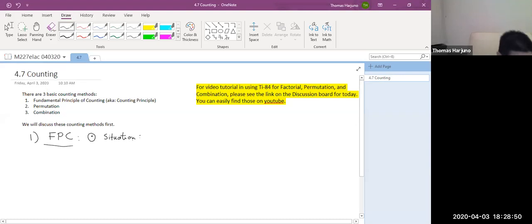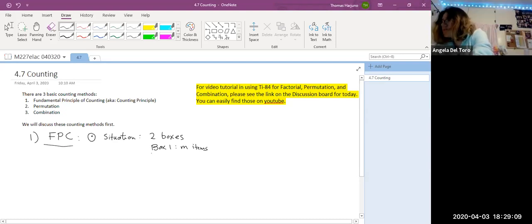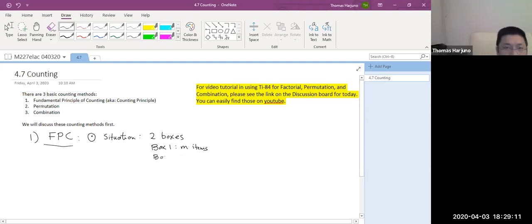The situation starts with 2 boxes, or 2 categories, or 2 groups. Box 1 has M items and box 2 has N items.